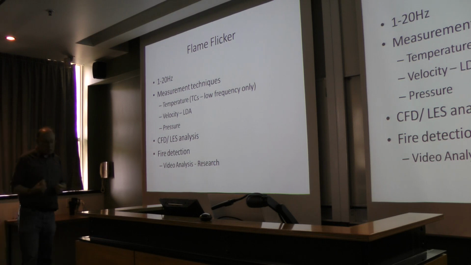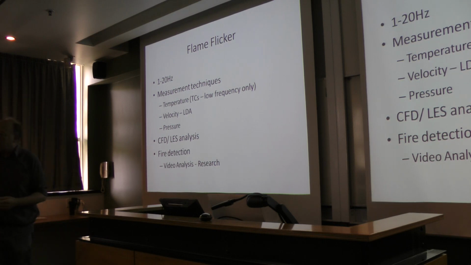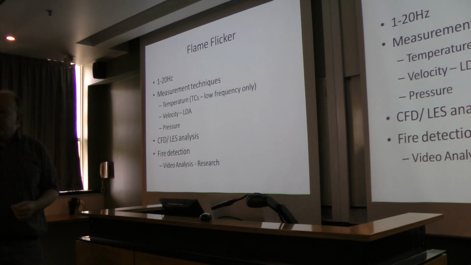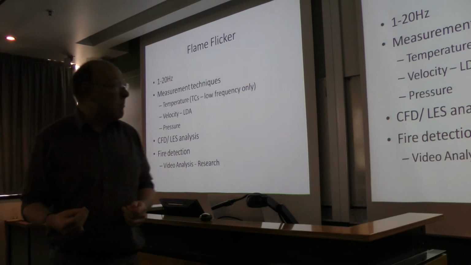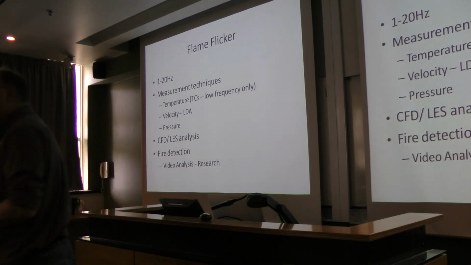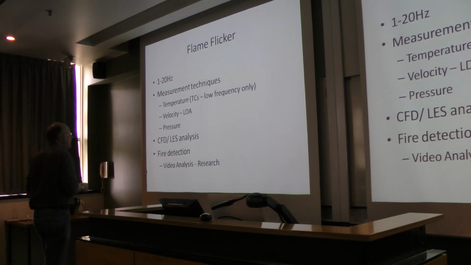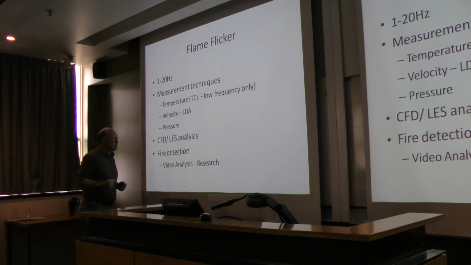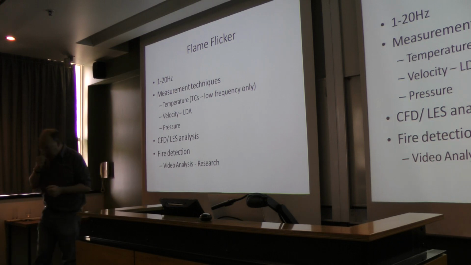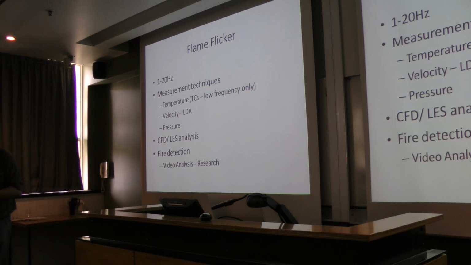You can actually measure it by putting thermocouples inside the flame. It's quite a difficult environment, so you've got to have quite large junctions in there to really see the flicker. So you can only really pick it up at low frequency. But similarly, if you measure the velocity using some laser diagnostic technique, LDA, you can certainly pick up the flicker.